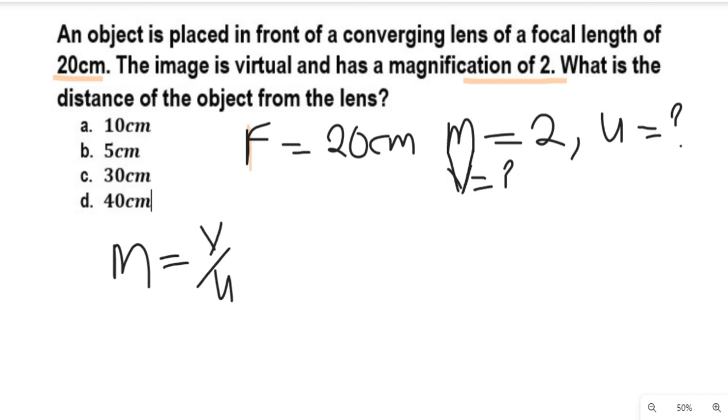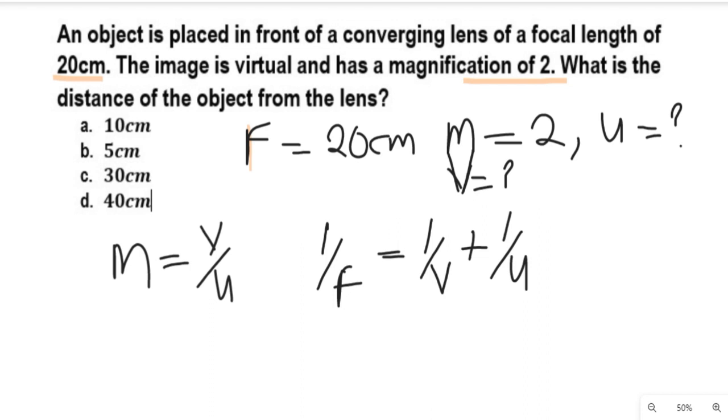That's the one formula you should bear in mind. In solving lenses too, we also have the formula 1 over f, which is equal to 1 divided by the image distance plus 1 divided by the object distance. These are the formulas we are going to use in solving this question.